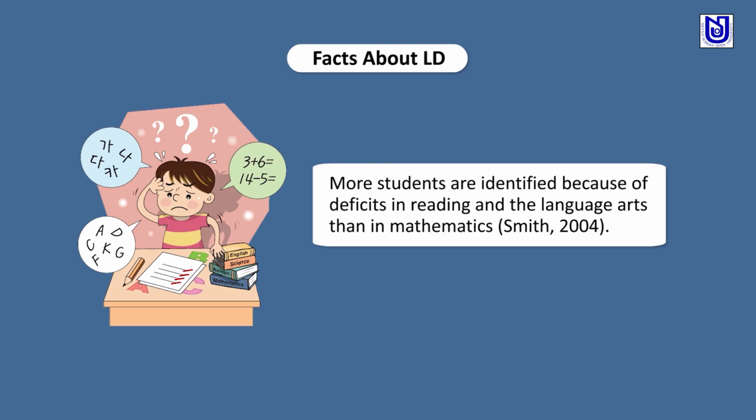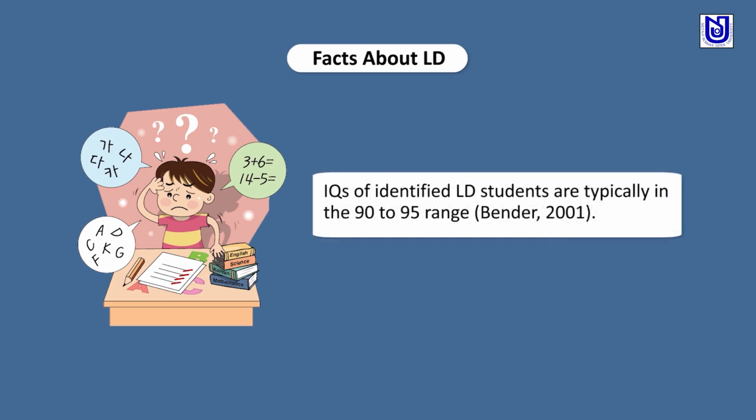So most of the children we find have difficulty in reading and language skill. The IQ of identified children with learning disabilities typically falls in the 90 to 95 range. This is given by Bender in 2001. We are not saying this; these are some research facts.